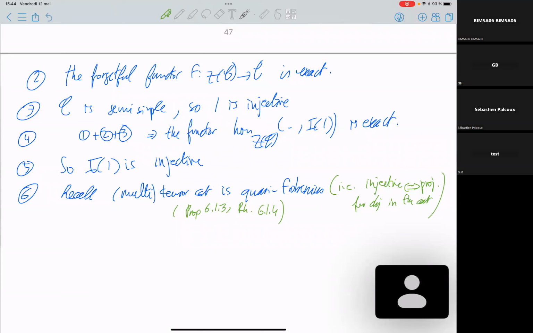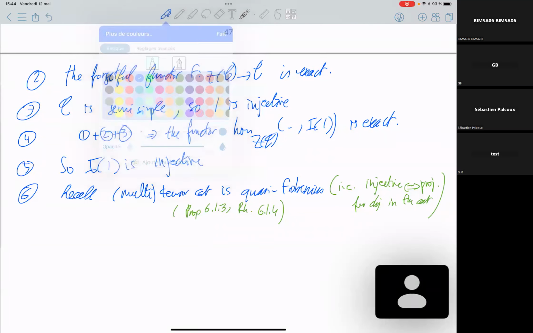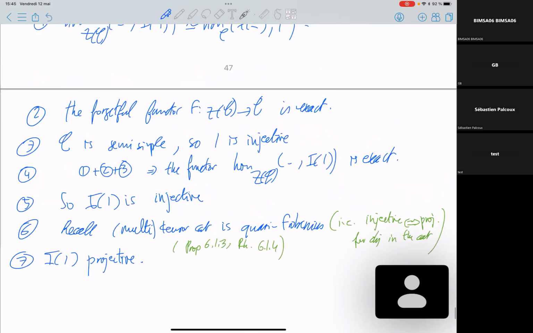Yeah, it's okay. Next, you deduce I1 is injective, but a multi-tensor category is quasi-Frobenius, so I1 is projective. So we proved the claim.